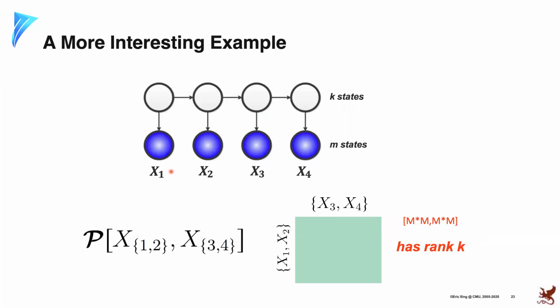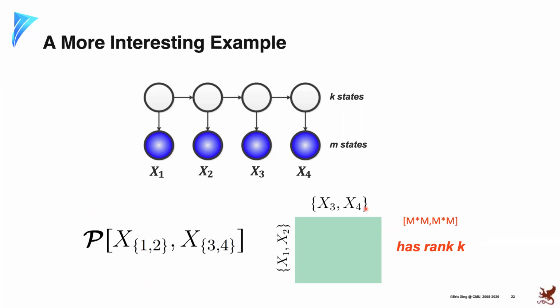Here we can look at a more interesting example to illustrate how we are going to do the matrix manipulation to factorize this joint probability into a rank K matrix, using only the observed variables. That's what we are going to solve now.